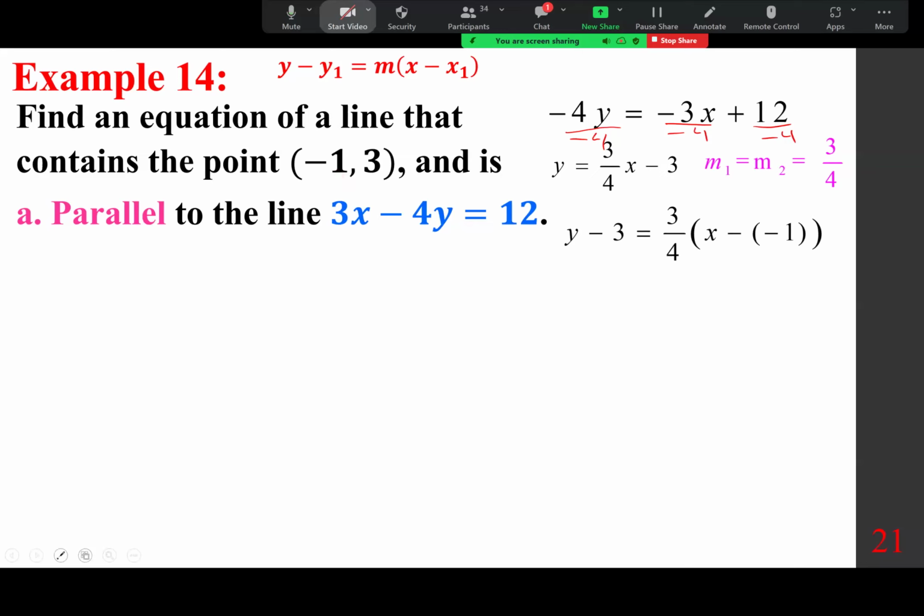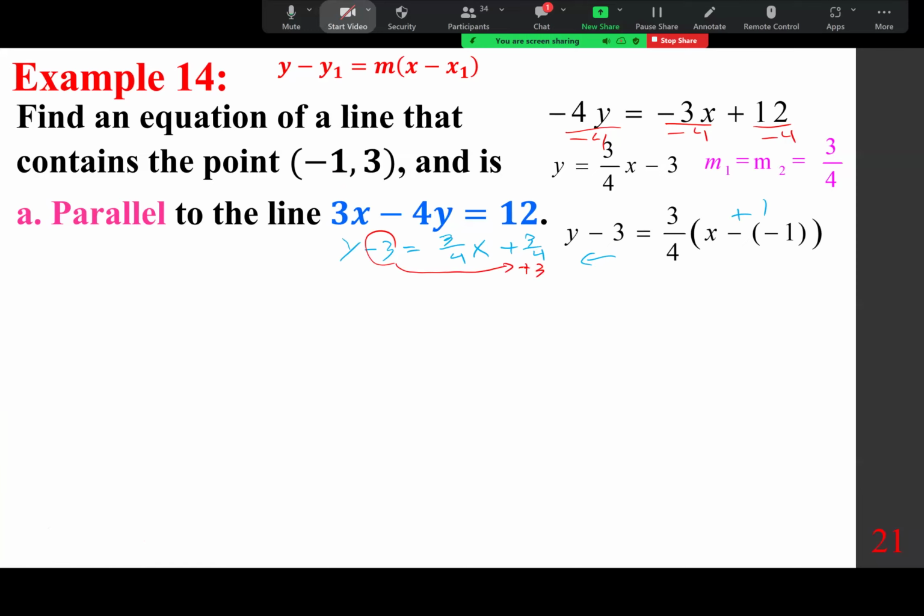And this is, of course, +1. So y minus 3 is 3/4 x plus 3/4, plus 3.